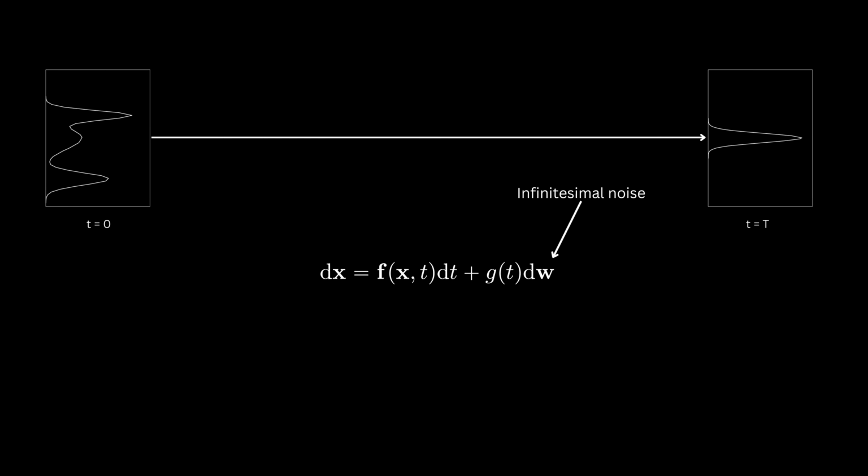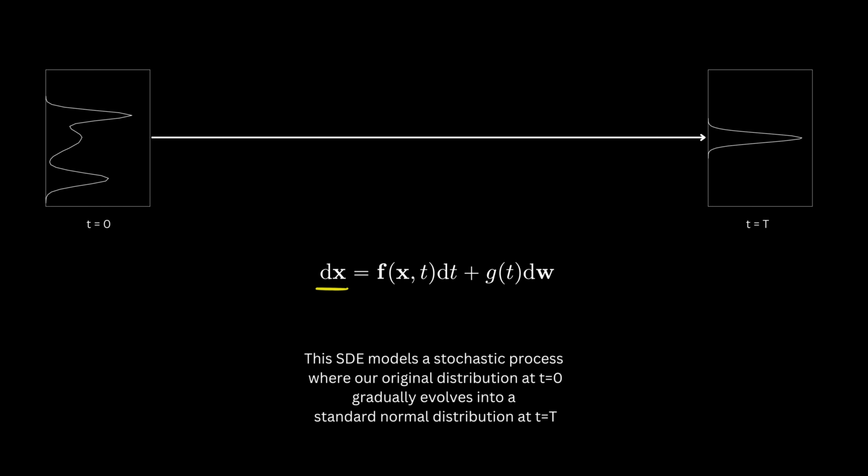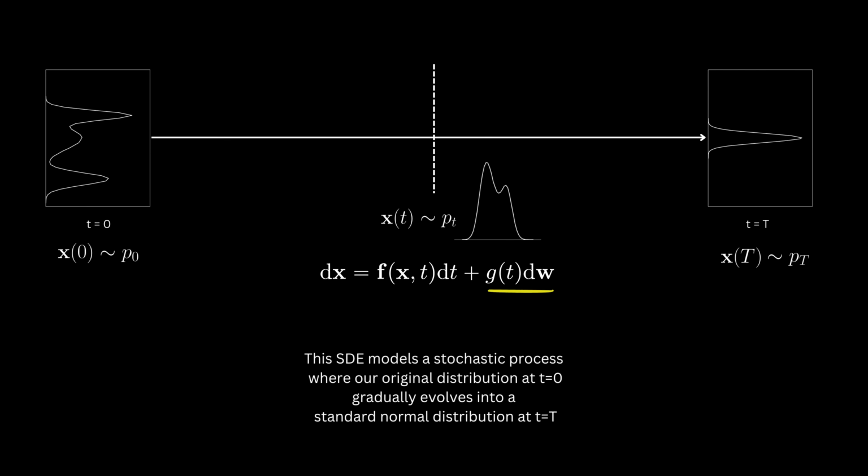We did look at such an equation very briefly in our DDPM video, where we just saw it as a change in x expressed in terms of a deterministic and a random component. Just to add more details here, at every moment in time, we have xt, which is a random variable, and p of xt, which is a probability density describing the likelihood of xt taking different values. x0 is a random variable, the distribution of which is our data distribution, while xT is a random variable following a standard Gaussian distribution.